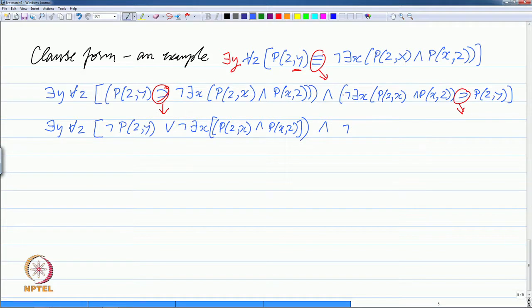So, because we are removing the not, this will go away. This whole thing or p z y and an appropriate number of brackets, I think.